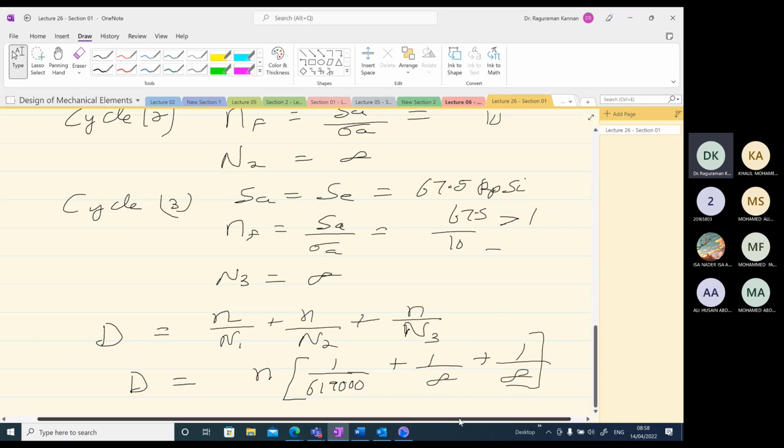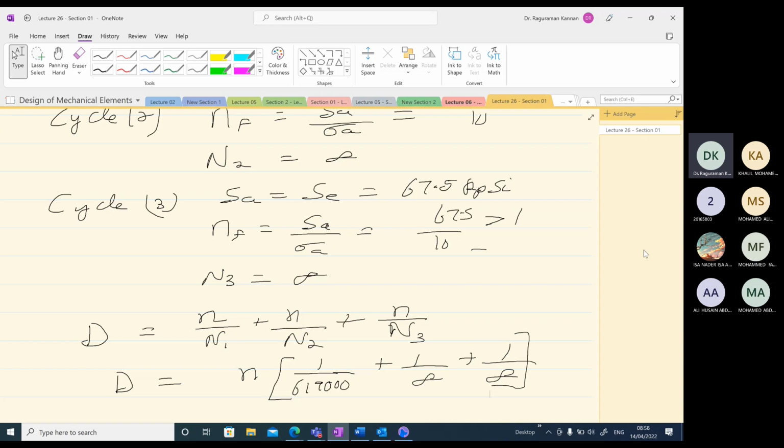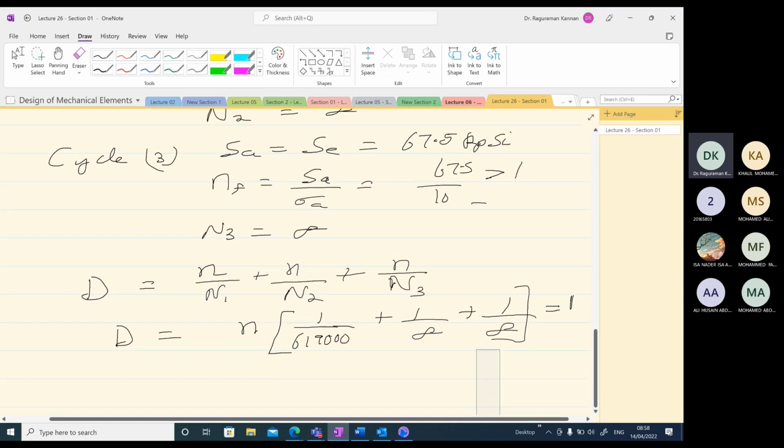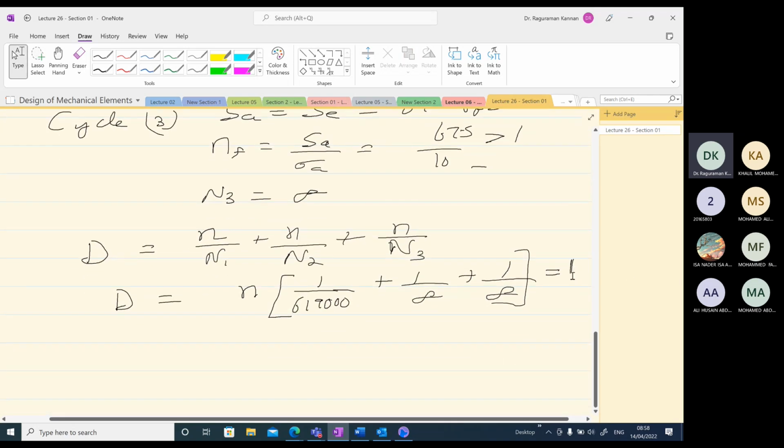Now, according to the Palmgren-Miner rule, this damage must be equal to 1 unless you are given some other value for the C value on the right hand side. We assume it is equal to 1 and then calculate n.